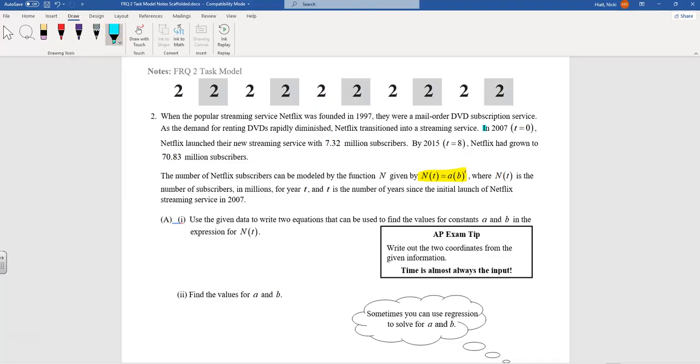I've got in 2007, T=0, Netflix had 7.32 million subscribers. I would not change this to millions here. I'd use 7.32 and just put millions on my answers. It'll be easier to work with. So that means I've got the point 0, 7.32. This is a t value. This is an n of t value.